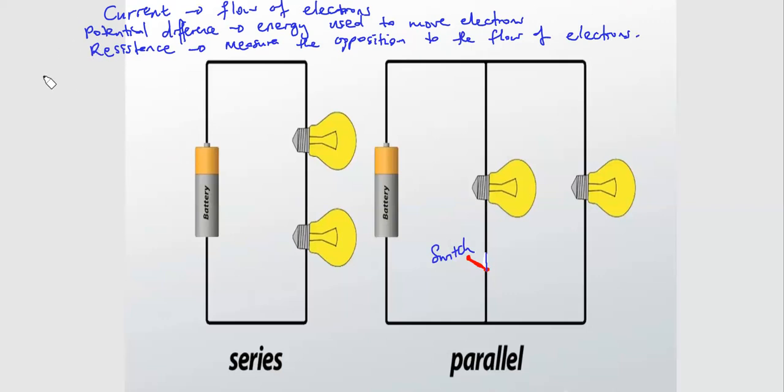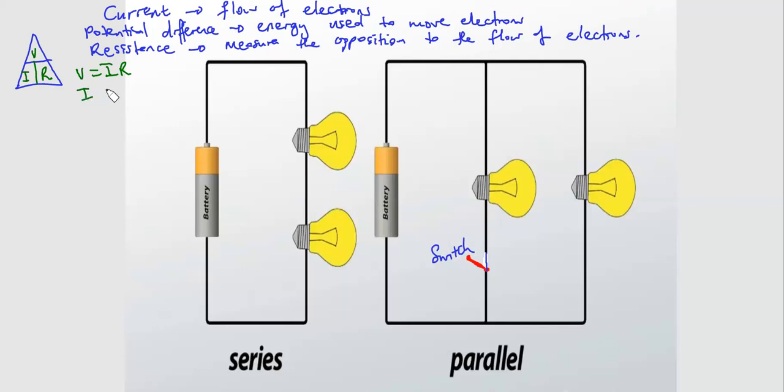Okay, so now let's talk about the relationship between the three here: we can use a triangle to remember. So we have V, then we have I, which is our current, then we have our R. If you want to find V, you say I times R, which is current times resistance.